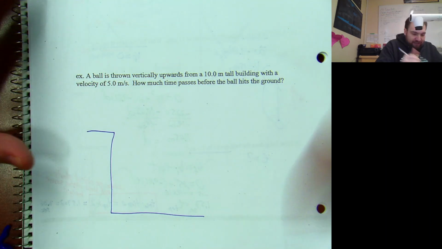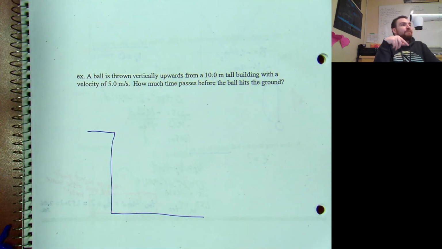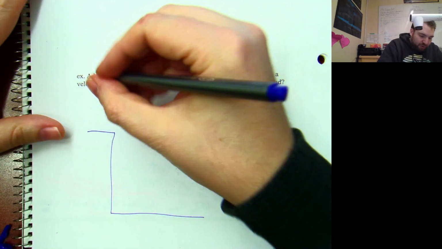This is where things get a little bit different, because we had thrown downwards from a height, but we haven't had thrown upwards from a height and then being allowed to hit the ground. The first example was thrown and caught at the same height, and the second was thrown down. What happens if we actually throw the thing up?